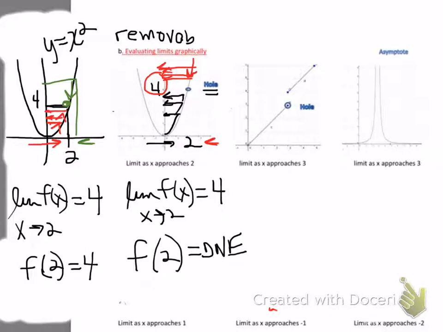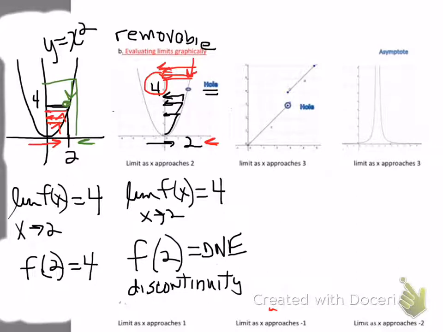I can't write the rest of that word. So it's a removable discontinuity when you have a hole. So in this situation, the second case, I had a limit, but I didn't have a function value.